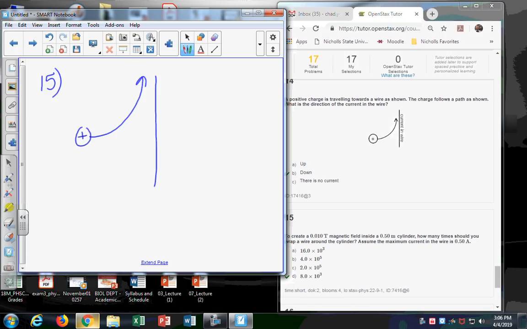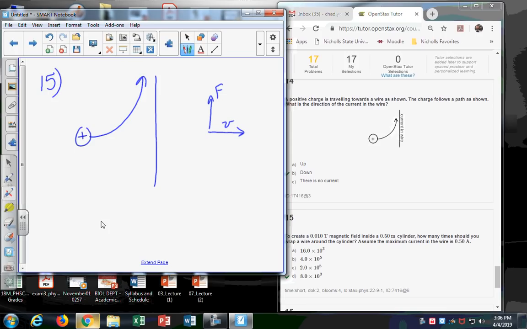So I'm going to simplify it a little bit. I have a velocity in this direction and a force in this direction. These vectors describe the velocity and force on this particle. So if I have a velocity to the right, a force up, that means my magnetic field is into the page.